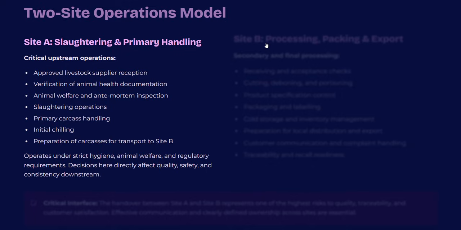It includes approved livestock reception, verification of animal health documentation, animal welfare and antemortem inspection, slaughtering operations, primary carcass handling and initial chilling, and preparation of carcasses for transport to Site B. Site A operates under strict hygiene, animal welfare, and regulatory requirements. Decisions here directly affect quality, safety, and consistency.